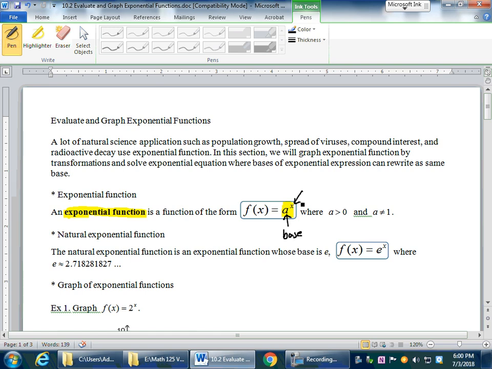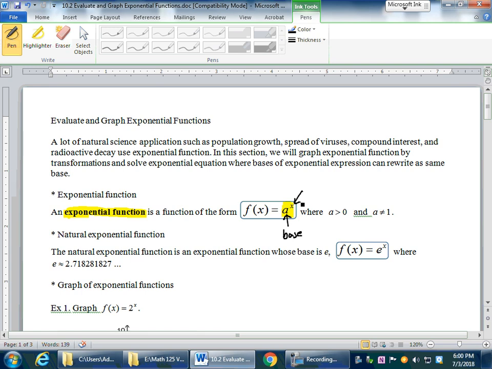Base a has to be greater than 0. You cannot have a negative base, and a cannot be equal to 1. If a is equal to 1, because 1 to any power is just 1, it will be just a straight line. It's not going to do anything, or it's not going to be applicable in application problems.